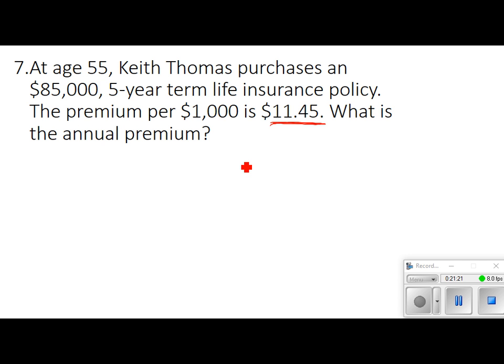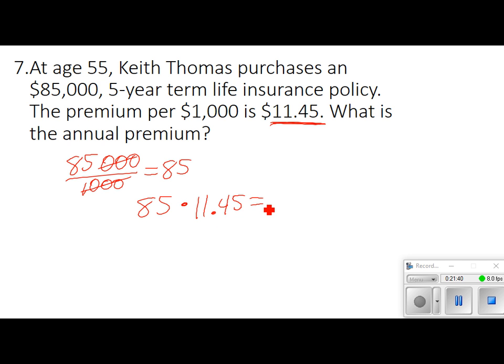So we're going to take 85,000 and divide by 1,000. I'm sure most of you don't have to write this down each time. So Keith is buying 85 units, and we just take 85 units times $11.45, and that's going to tell us how much it costs him per year, so what his annual premium is.